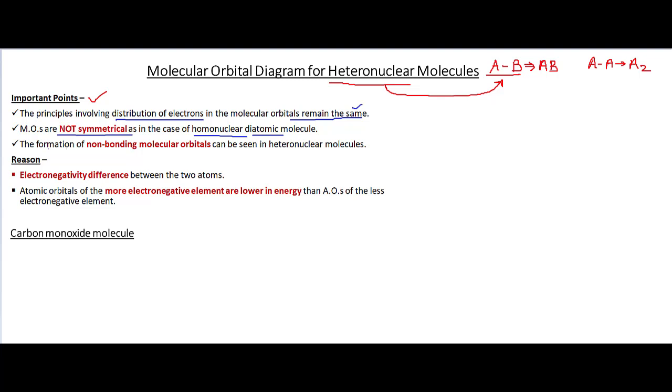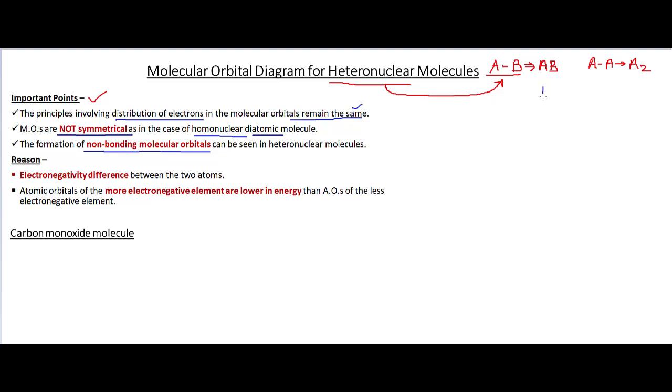The third point says the formation of non-bonding molecular orbitals. From here onwards we will encounter several non-bonding molecular orbitals when we discuss the molecular orbital diagram for heteronuclear molecules. Till now we had seen bonding and anti-bonding.